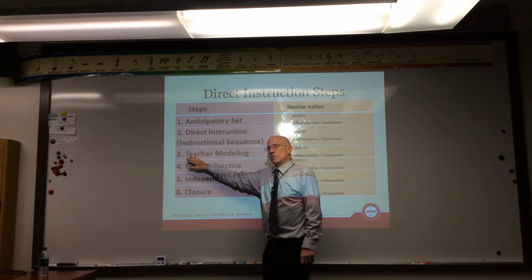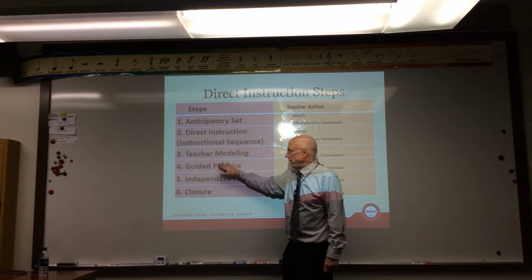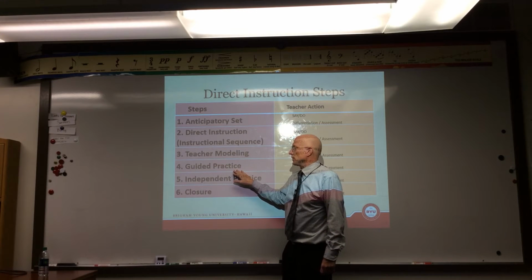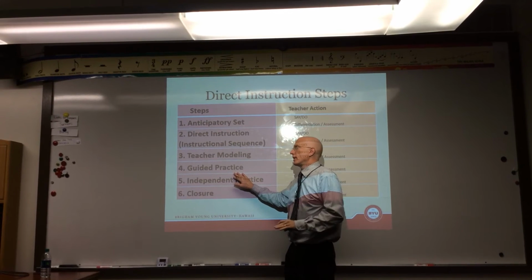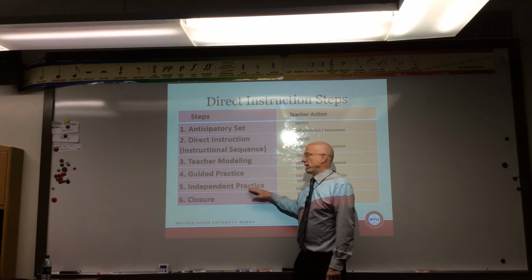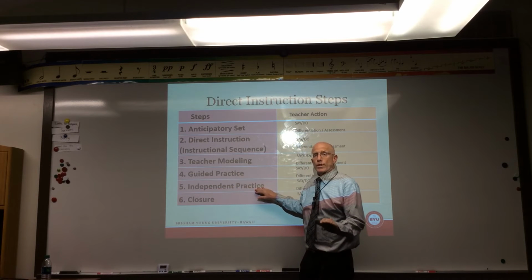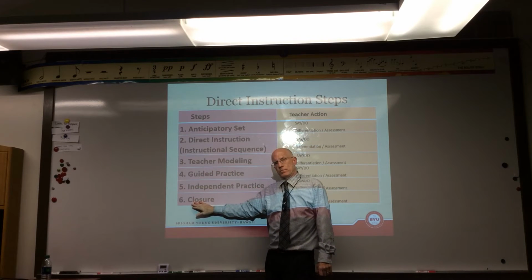Then we model the skill, teacher modeling. Then guided practice. We allow the students to work together, interact together, try it out together, and we give feedback. Then independent practice. The students work on their own. And finally, the closure.